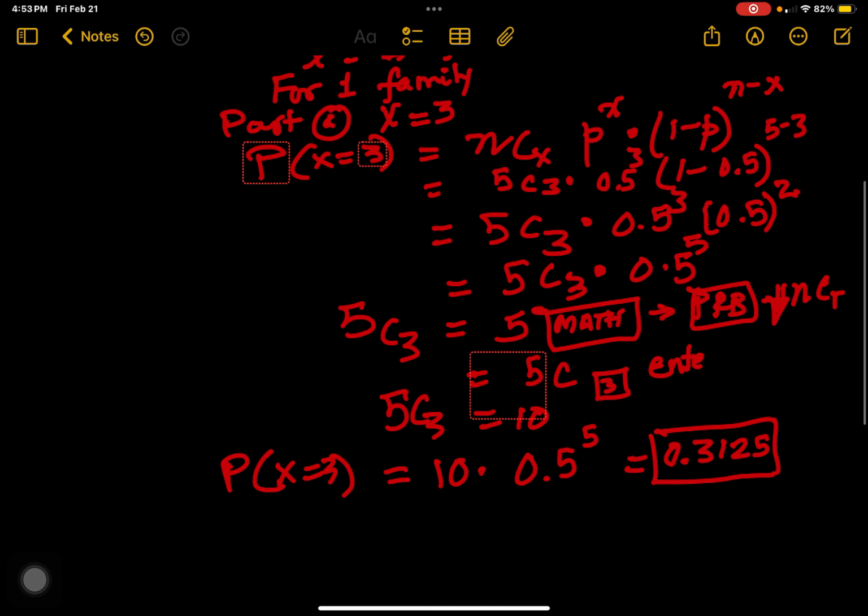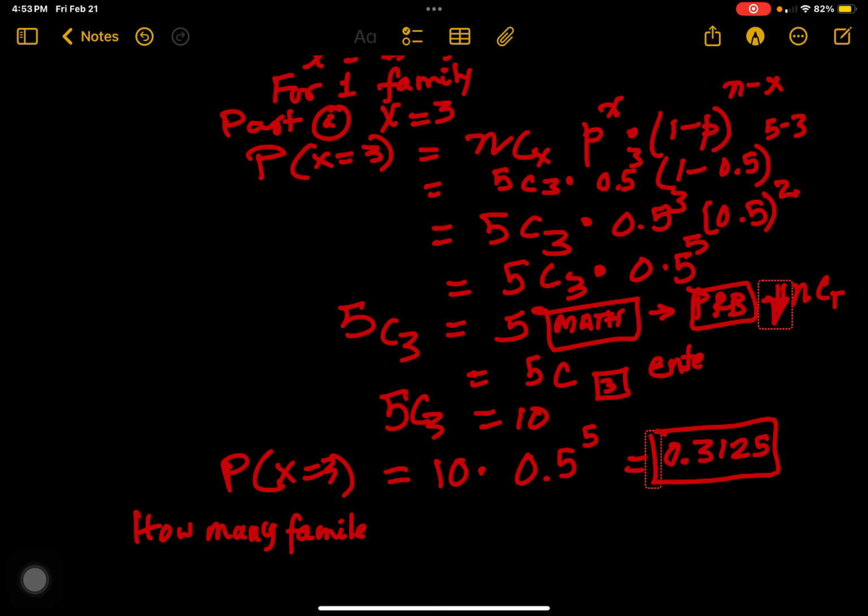So how many families out of 800 will have exactly 3 boys?